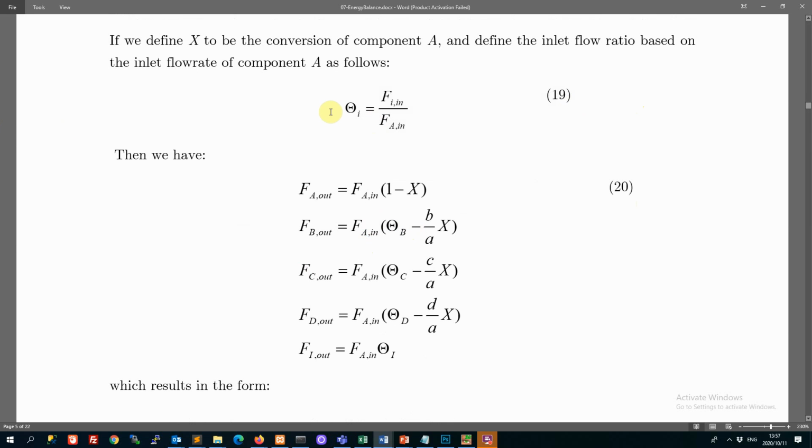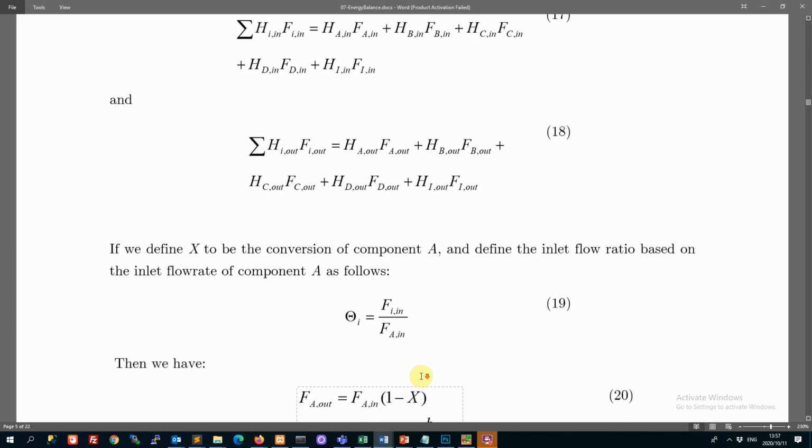We had defined the inlet molar flow ratio, capital theta, like so, and we had related that through that nice general expression. We said theta I minus nu I over nu A times XA times FA in. That was how you get the molar flow out. And we also include the inert here because we do need the molar flow of inert.